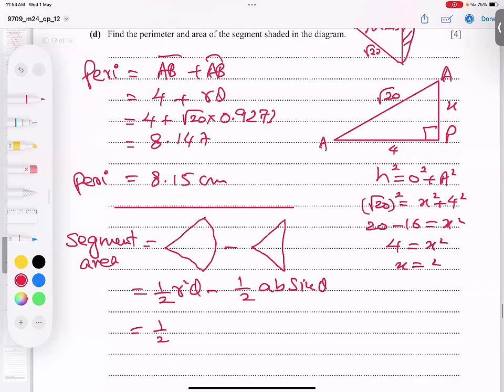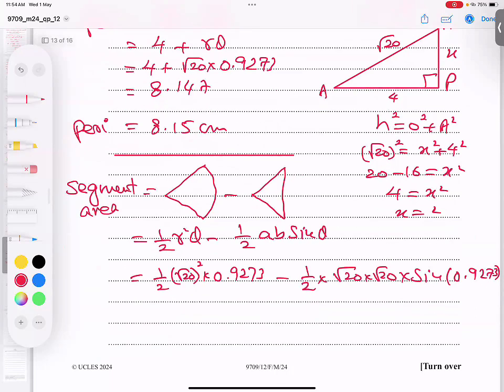Radius is what? You know it very well, root 20. Theta is 0.9273. And the triangle is root 20 into root 20 into sine of the angle, again 0.9273. Please keep your calculator in radian mode.